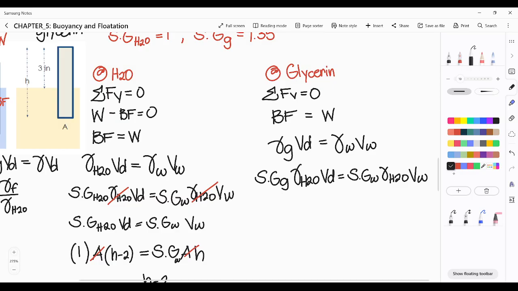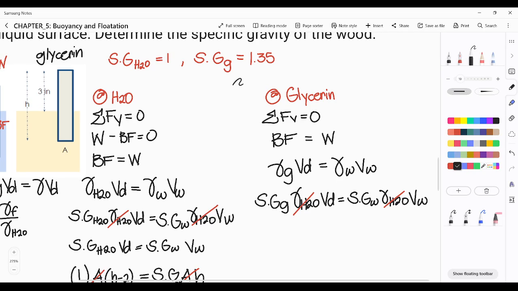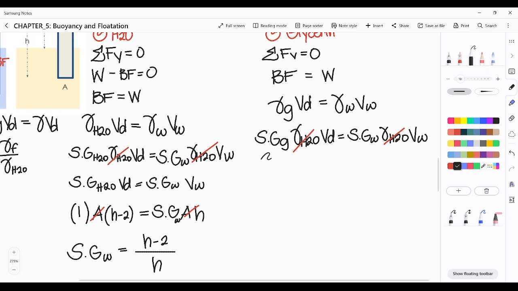Alright. Again, we can see here that the gamma of H2O will just cancel out. We are given the specific gravity of glycerine, 1.35. Let's just write it down.